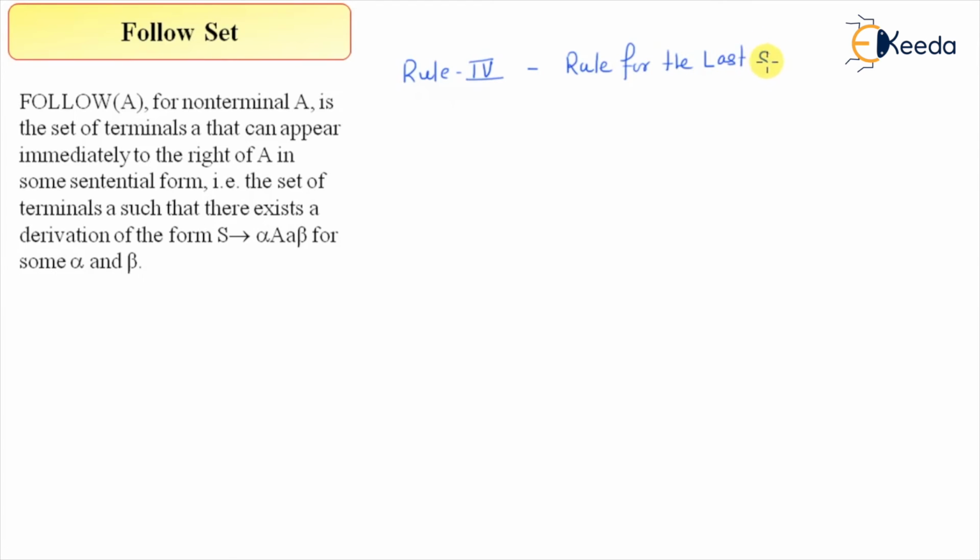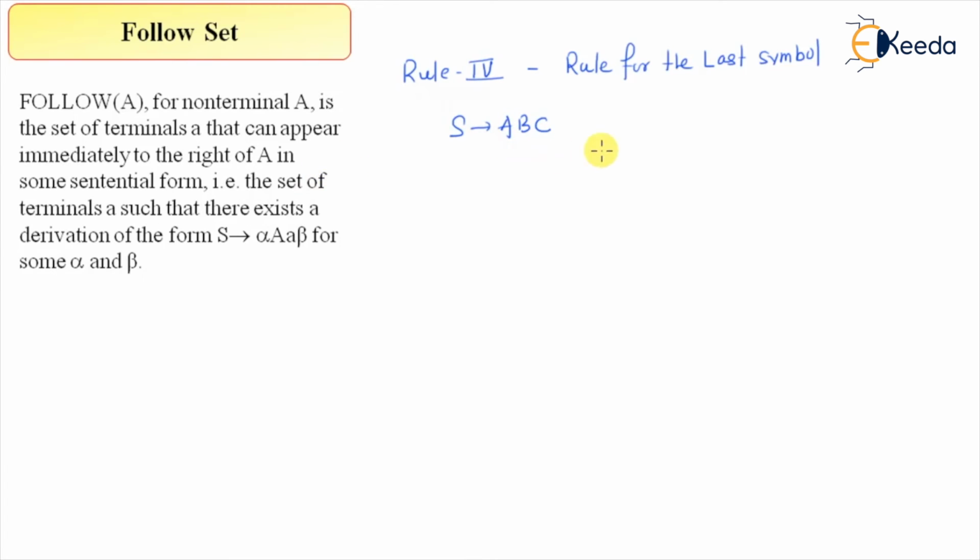The last symbol rule is one of the difficult rules, so try to understand where we can apply this and why. So on S derives ABC, we have already seen follow of A will be first of B. If first of B has epsilon, then I'll go to first of C.